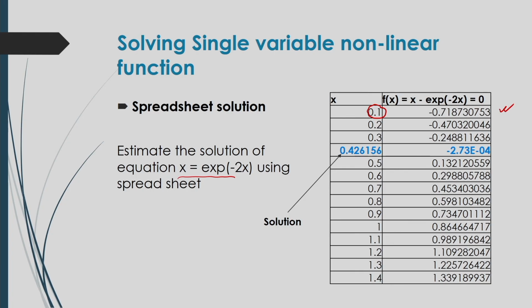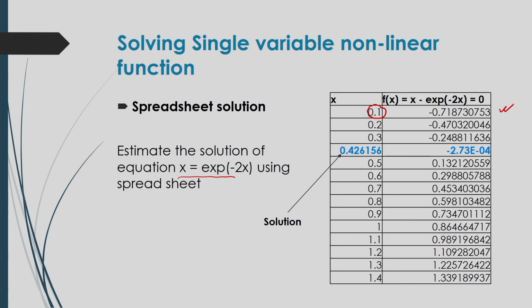This is basically the deviation between the left hand side and right hand side, so that the corresponding x value gives the function x minus exponent of minus 2x equal to 0, or very near to 0.